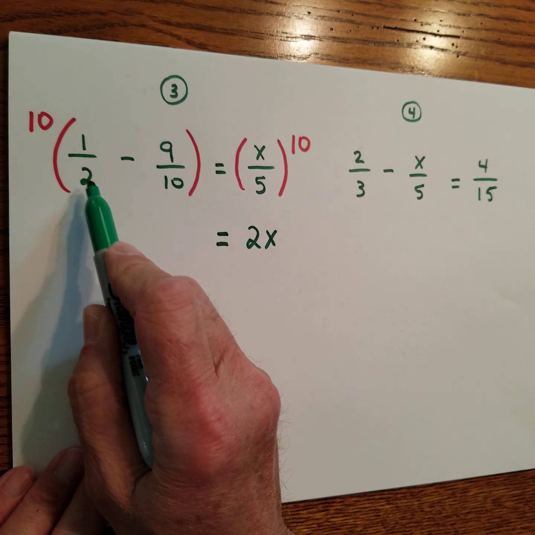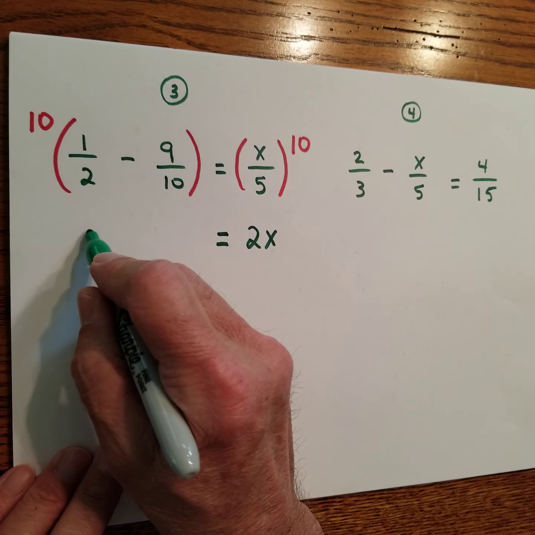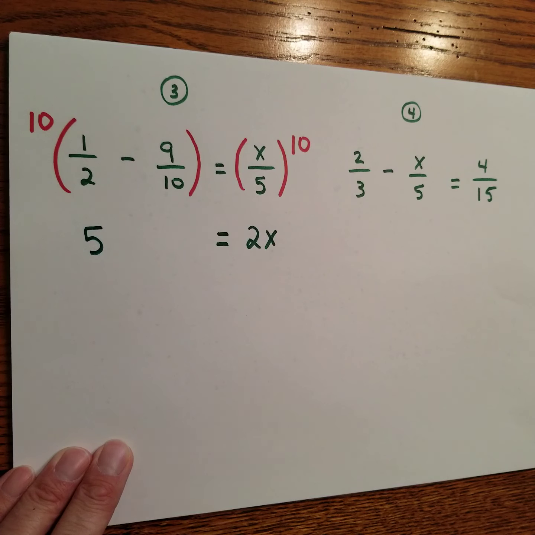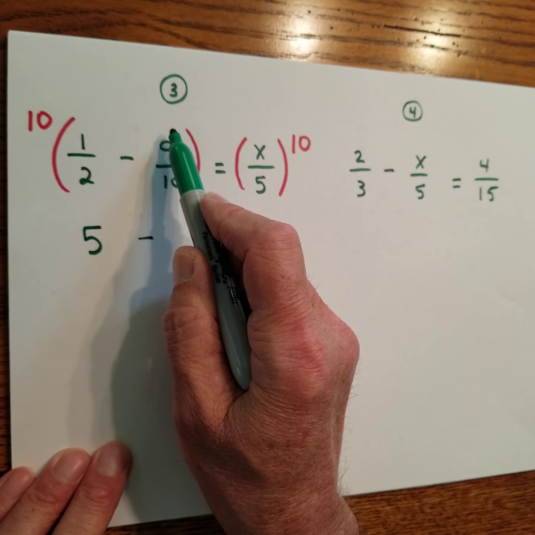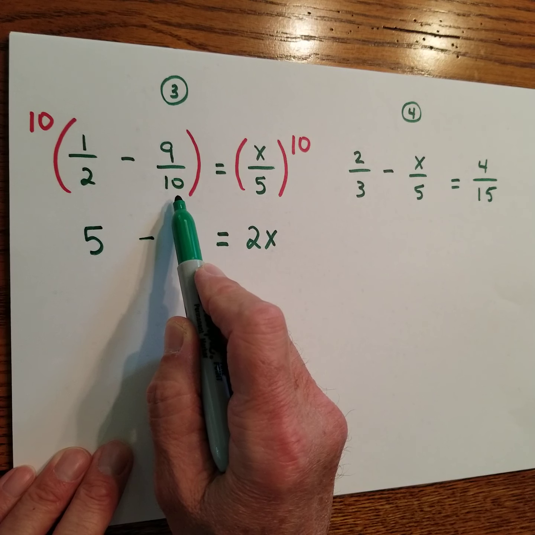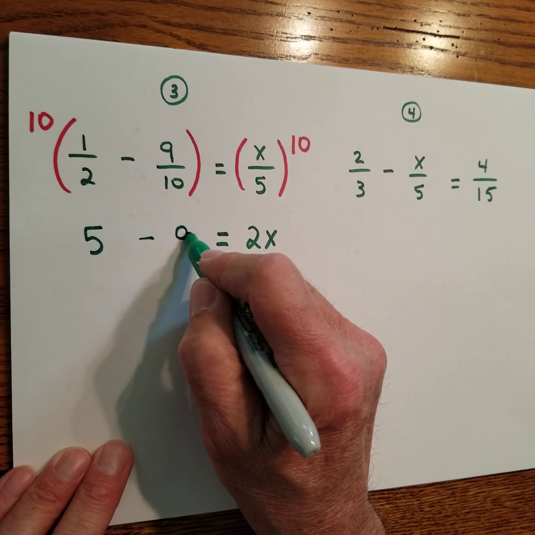How many times does 2 go into 10? 5 times. 5 times 1, that goes there. When I multiply 10 times 9/10, use the trick. How many times does 10 go into 10? Once. 1 times 9, that goes there.